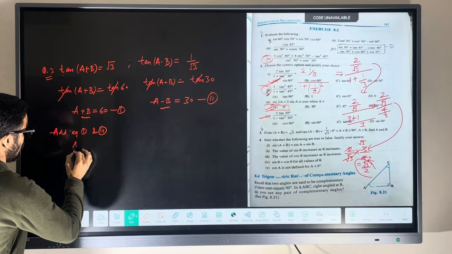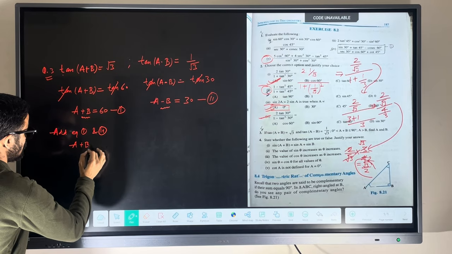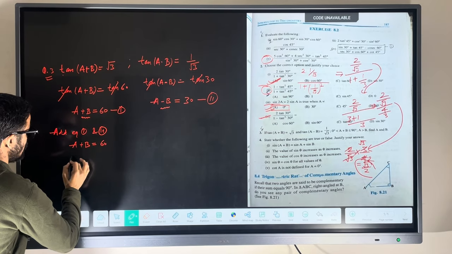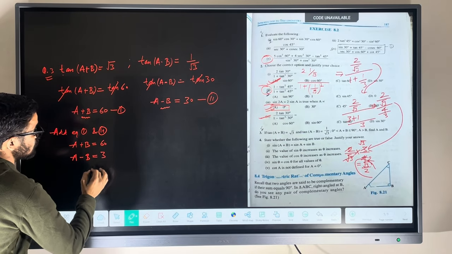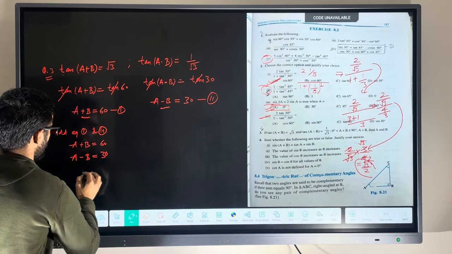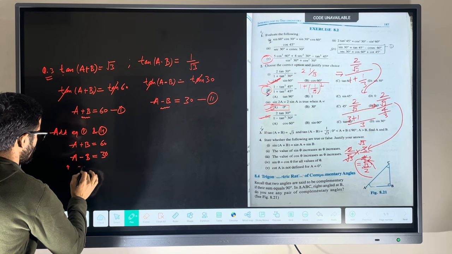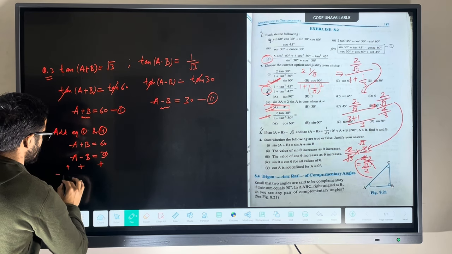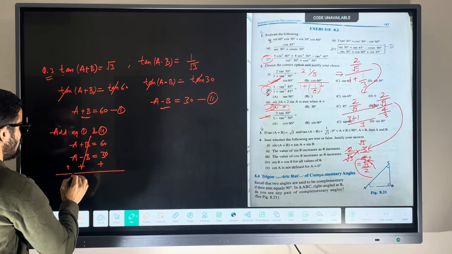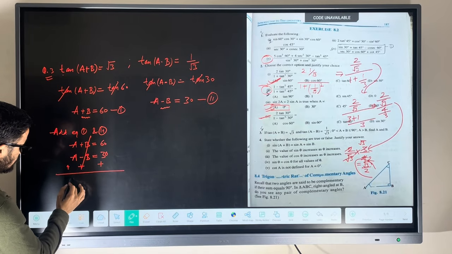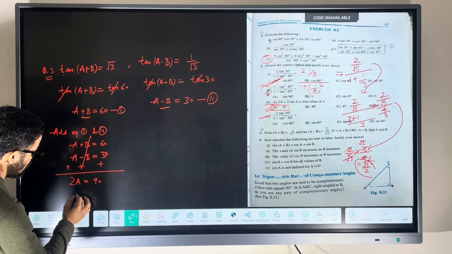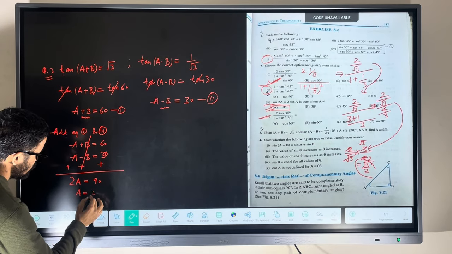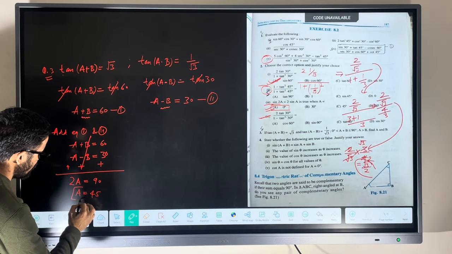We have A plus B is equal to 60 and A minus B is equal to 30. Simply add these equations. Now this B will cancel out. This will turn to 2A is equal to 90, and A is equal to 45.